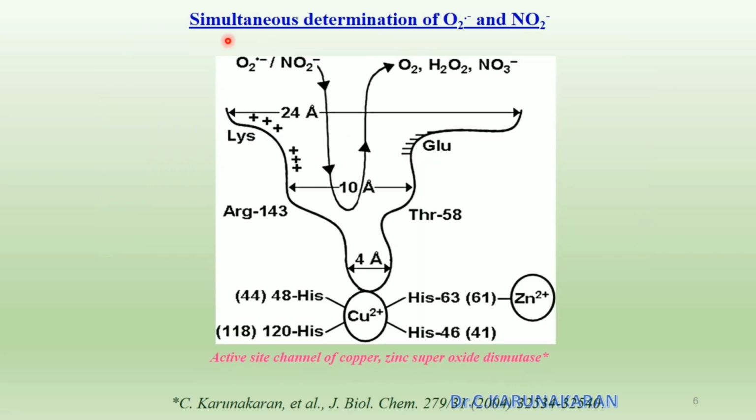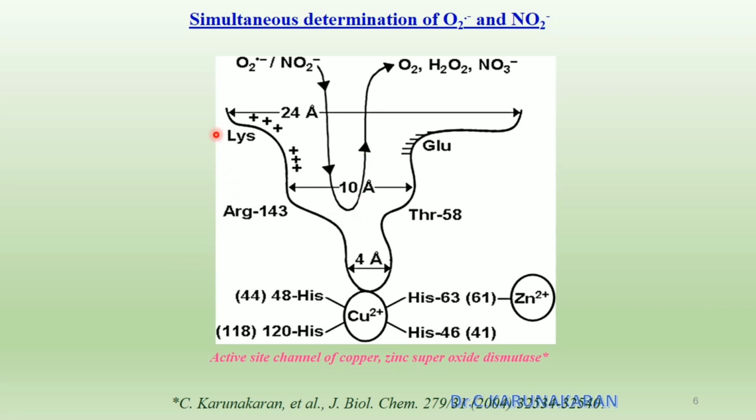In this slide, I have shown you the active site of copper zinc superoxide dismutase enzyme. As you see, there are two metals at the active center of the copper zinc SOD enzyme, Cu2 plus and zinc 2 plus, surrounded by histidine. It is a huge protein, around 36 kilodalton.